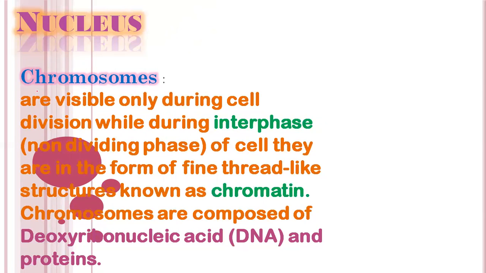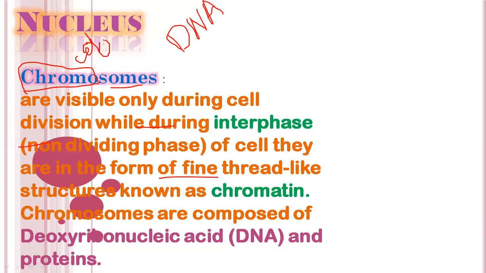Chromosomes comes from the word chroma, or chrome, which means color, and somes means body. So these are actually the first color bodies which the scientists saw under the microscope.